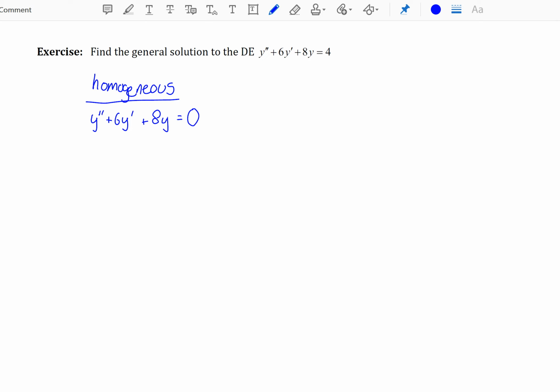Now this is where we'll be able to use the methods we developed in 4.1 through 4.3 to solve linear second-order homogeneous differential equations. For this particular DE, we'll want to use the characteristic polynomial whose coefficients are the same coefficients as that of the DE.